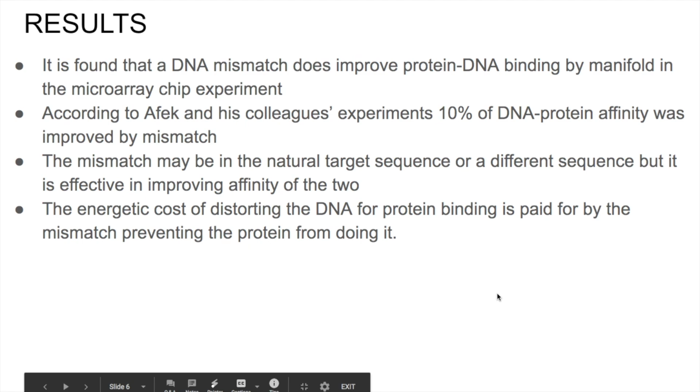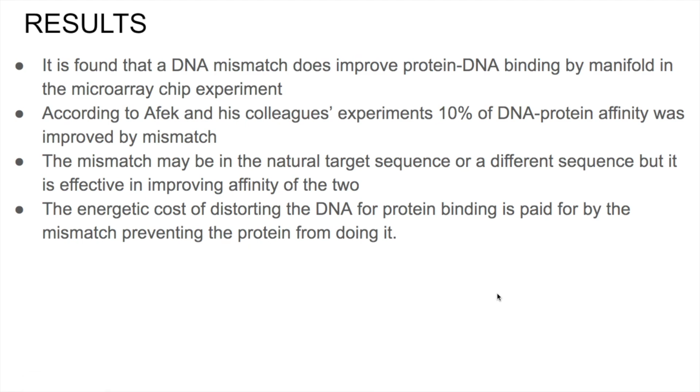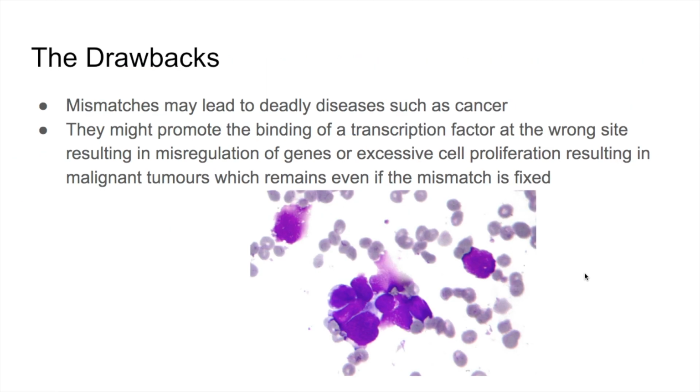So, this technique does come with a lot of advantages, but at the same time, there are a few associated drawbacks, as there are with everything. Mismatches may lead to deadly diseases such as cancer, and they might promote the binding of a transcription factor at the wrong site.